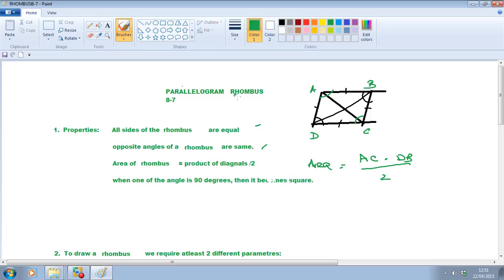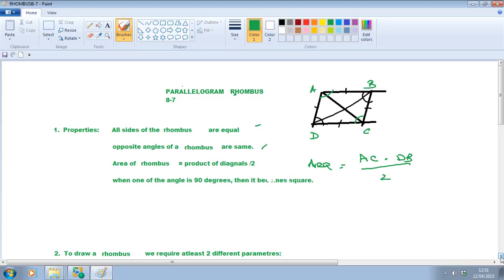If angle D is equal to 90, then B will also be 90, and the other two angles are also equal. Then it becomes a square. These are the properties of the rhombus.